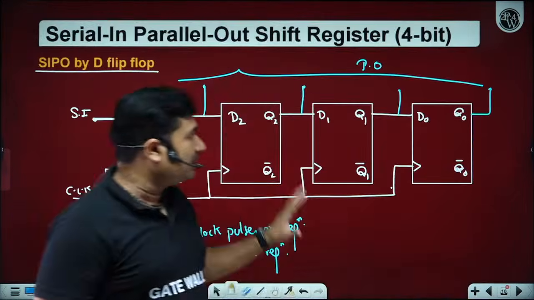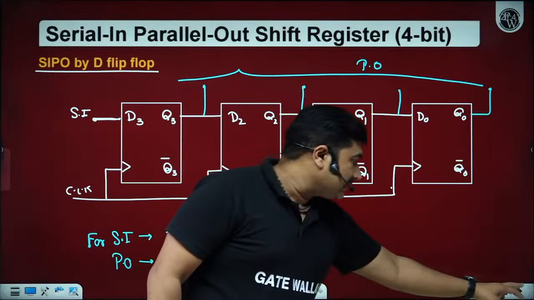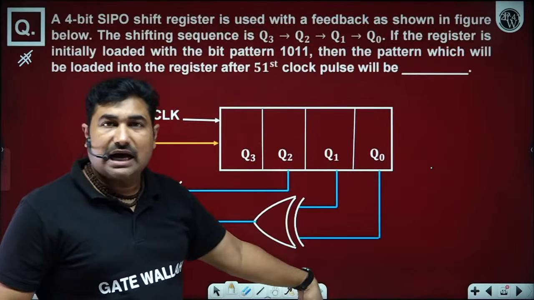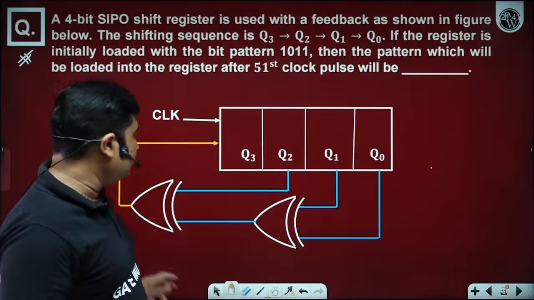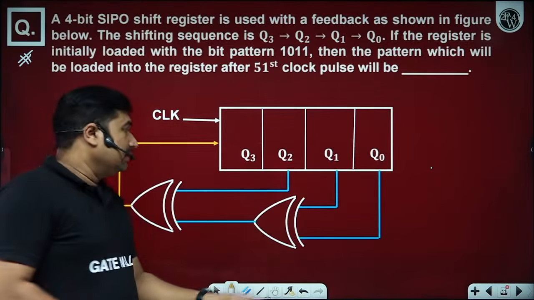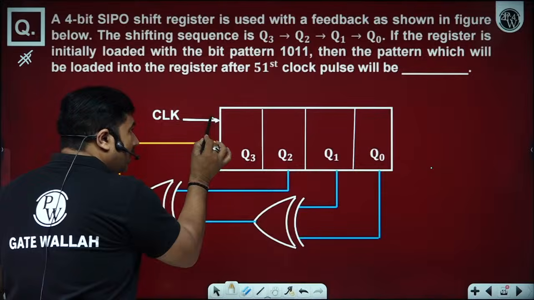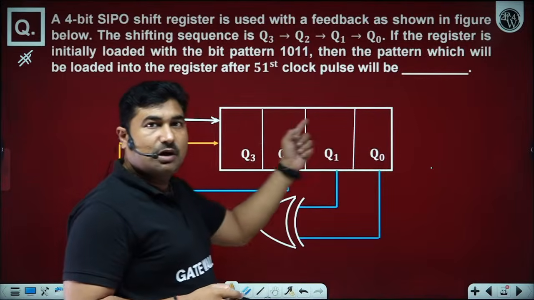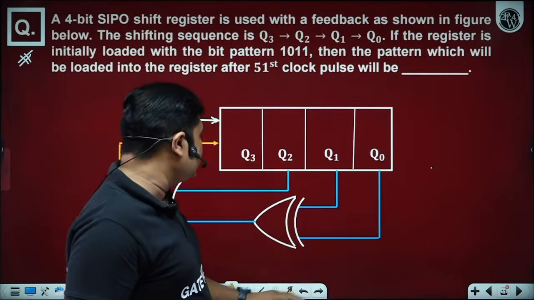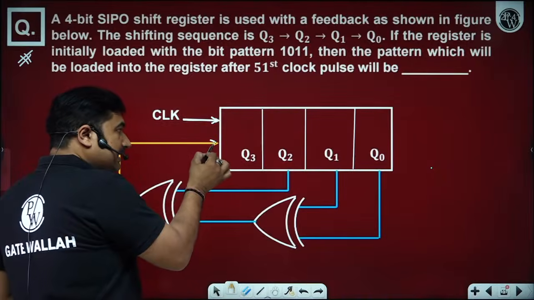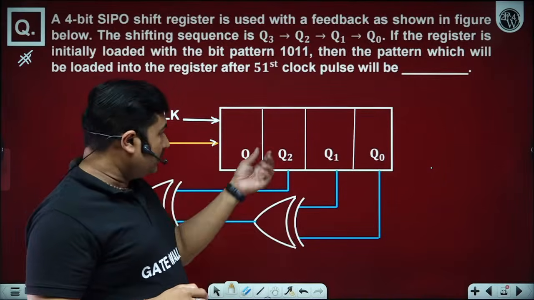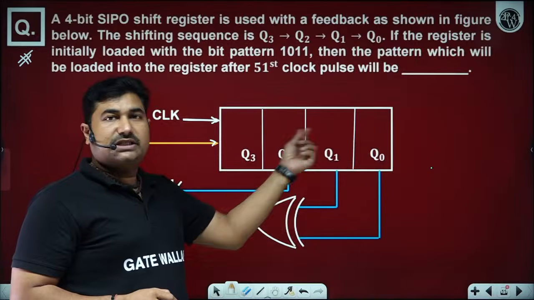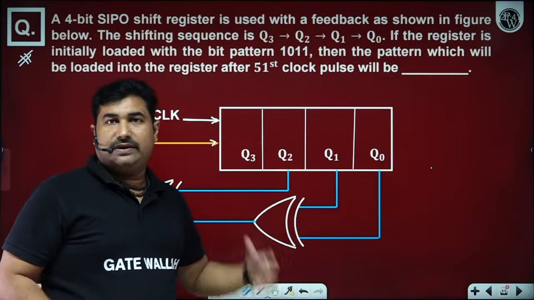SIPO is like this only. Is it okay? And their outputs are taken through logic gates and fed back. This input is the clock. We can understand the same clock is applied to all flip-flops in the register. This is your D3, the input to D3. Input to D2 is Q3, input to D1 is Q1, input to D0 is Q0. Is it okay? Yes, sir.